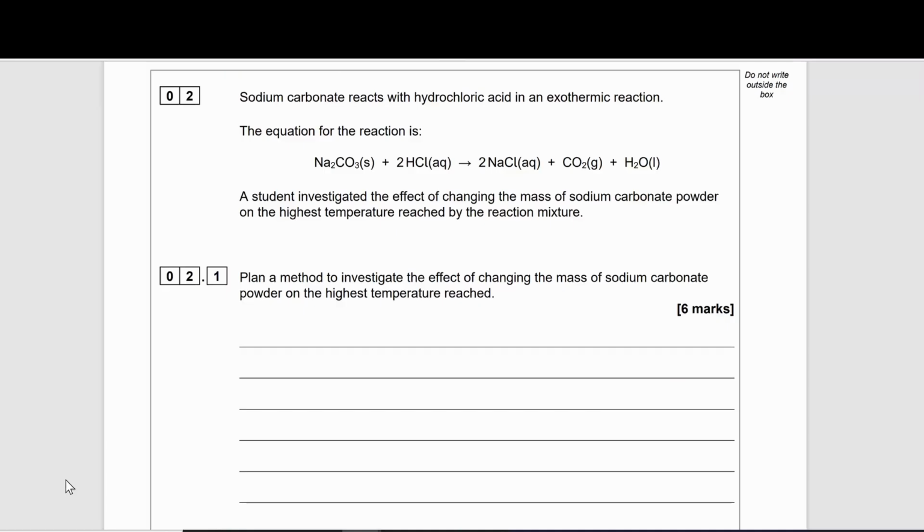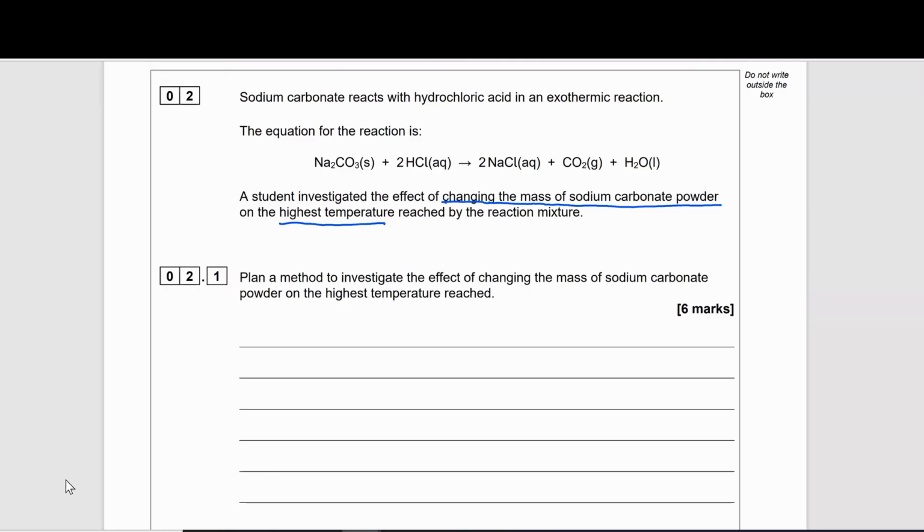Question 2. Sodium carbonate reacts with hydrochloric acid in an exothermic reaction. The equation for the reaction is shown. A student investigated the effect of changing the mass of sodium carbonate powder on the highest temperature reached by the reaction mixture.